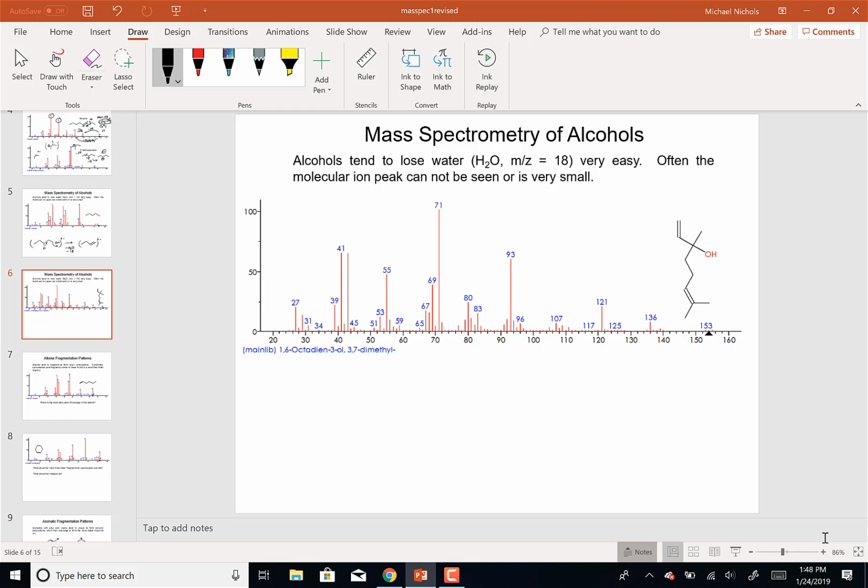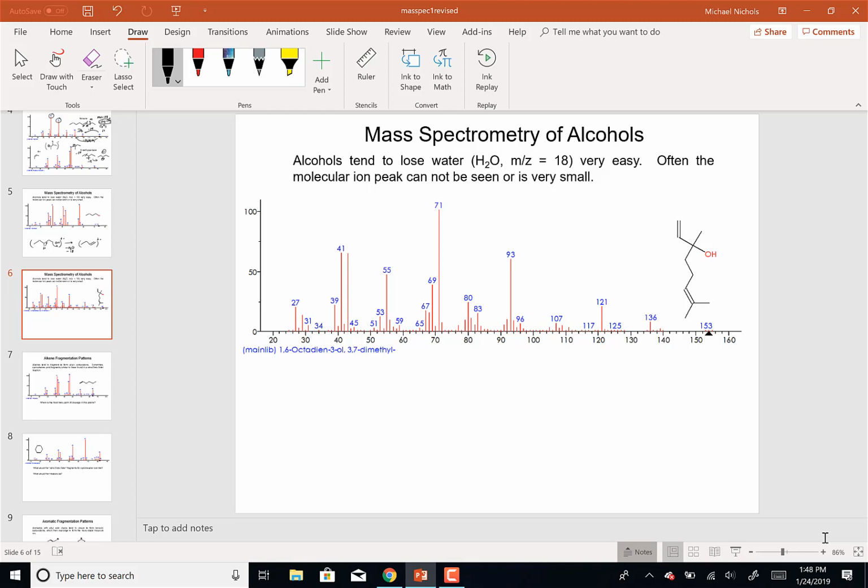Out of curiosity, what do I have here? I probably have, let me ask students, how does the 136 peak form? 154 minus 136 is? Actually, sorry, 154 is the molecular ion.